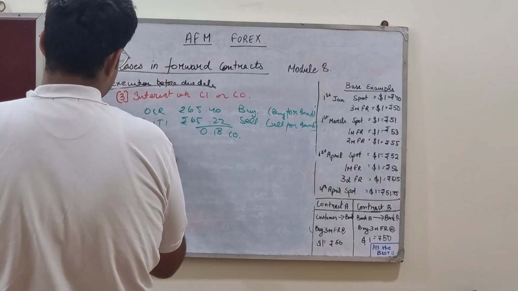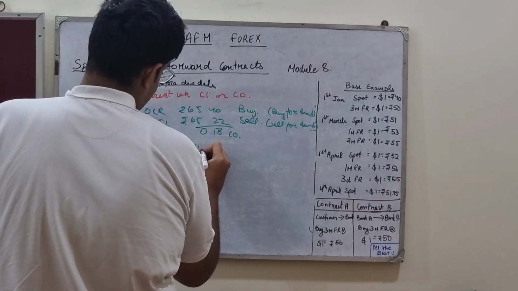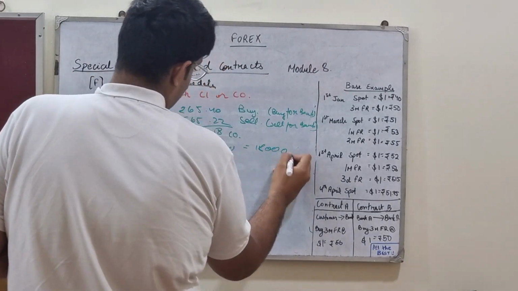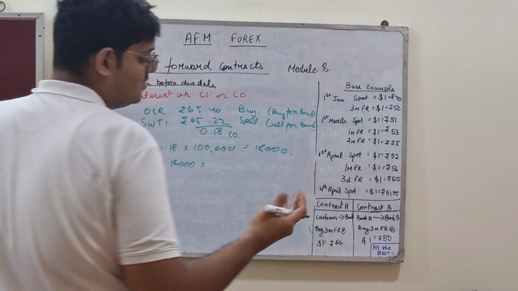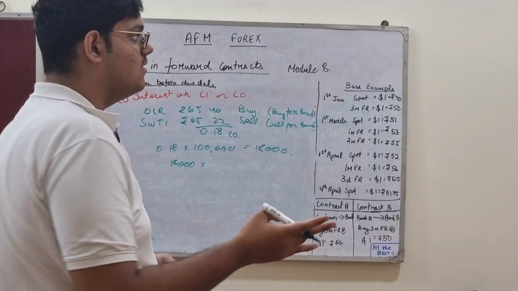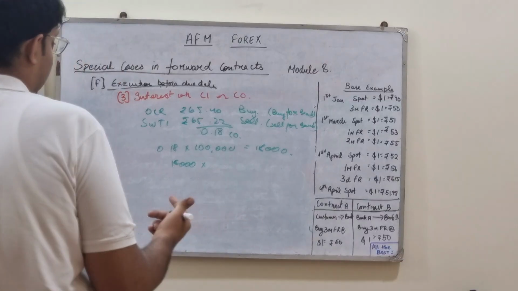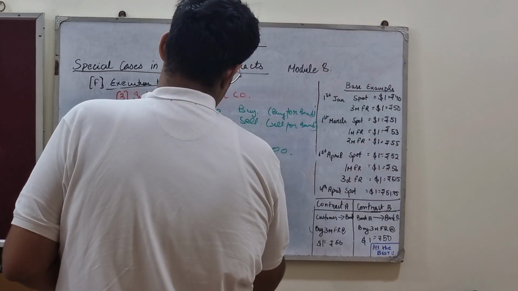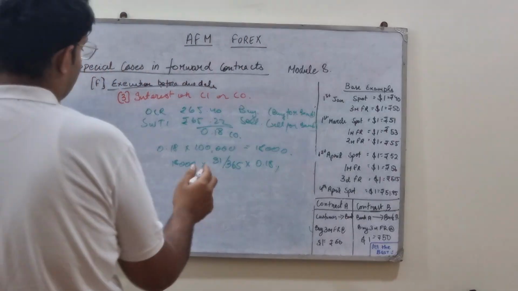So the bank will charge interest on it. So 0.18 into $100,000 is equal to 18,000. 18,000 into, so that would be, due date is not counted, execution date is not counted, 31 days, over 365, into 0.18, which is the prime lending rate.